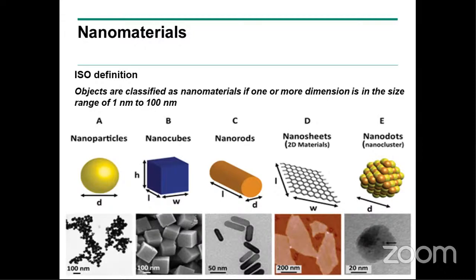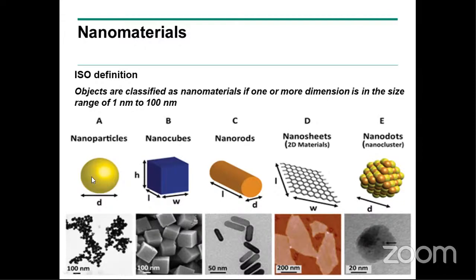If any of those three dimensions is in the size range of 1 nanometer to 100 nanometers, we will call it a nanomaterial. The same applies to any other object of any shape, whether round, rod-shaped, sheet, or dots: if any dimension is in the range of 1 to 100 nanometers, we can call it a nanomaterial.